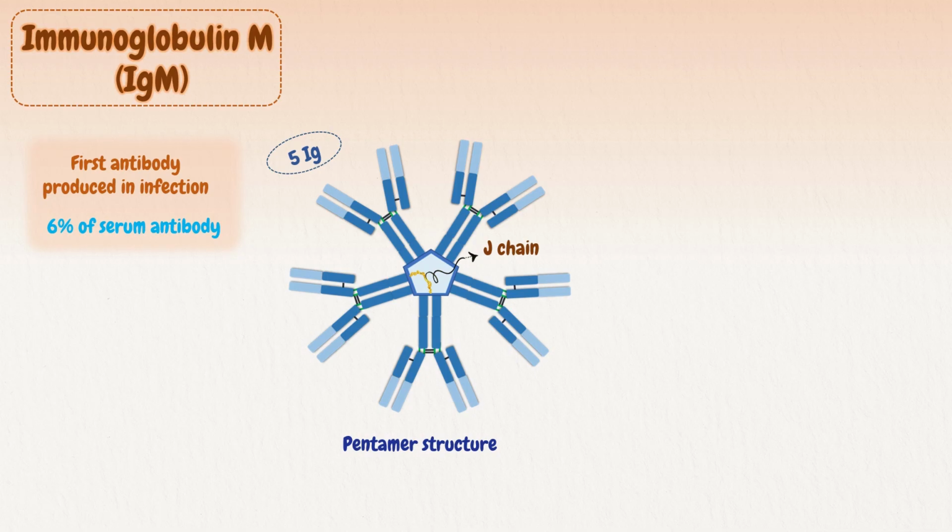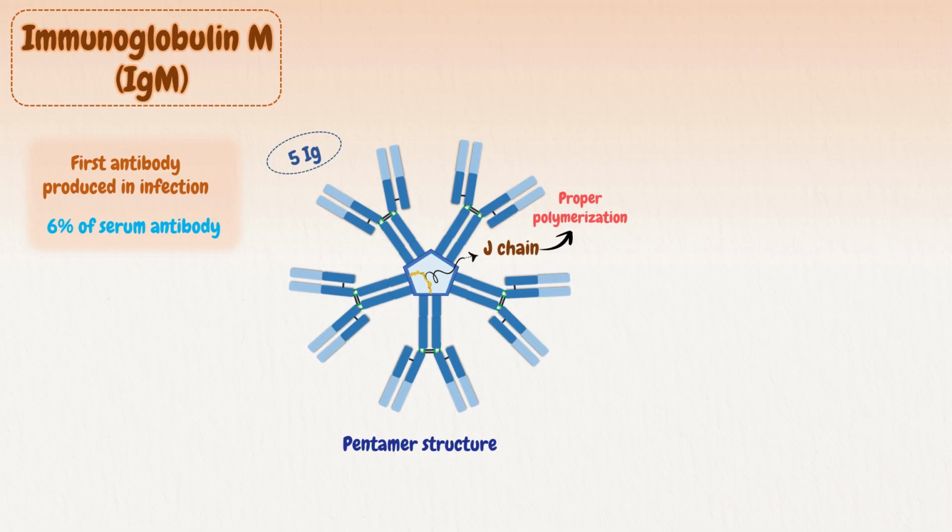Here an extra protein chain called the joining or J chain is present, that is attached to the heavy chain of 2 of the 5 immunoglobulin molecules that make up IgM. This J chain is required for the proper polymerization of IgM into pentamers, and in the absence of a J chain, pentamers are not formed.